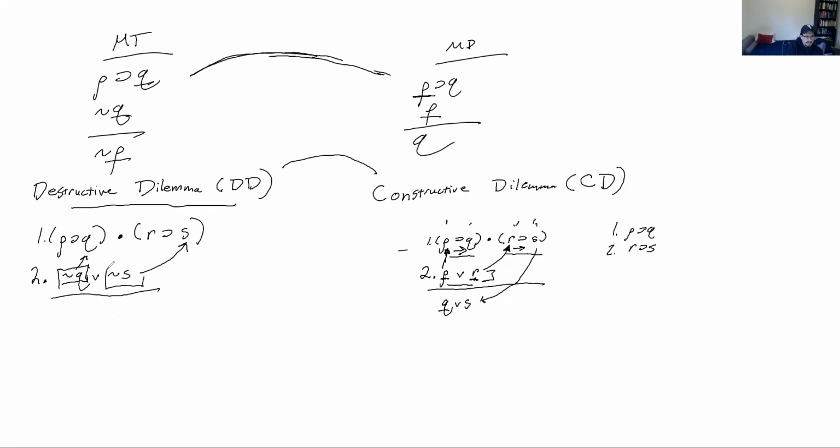We don't know if not S is true, but we know that one of them must be true. If not Q is true, that forces P to be false. It's like we don't know that this one is the case, but if it is the case, then it forces P to be false. Likewise, here, not S forces R to be false. And that is destructive dilemma.